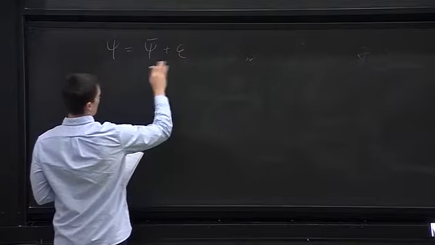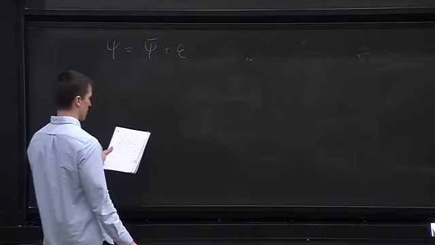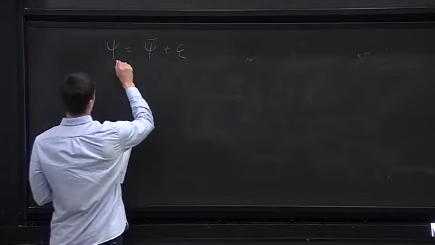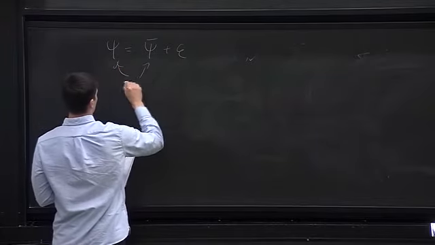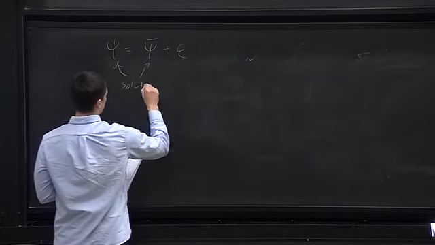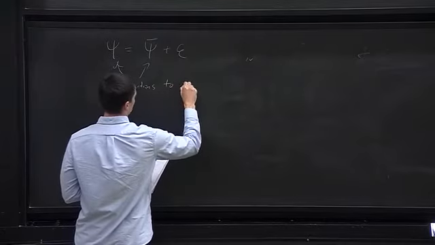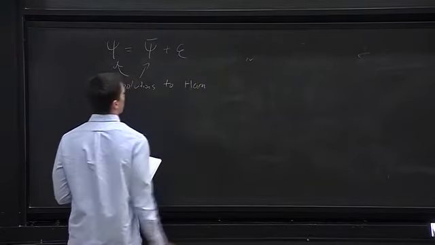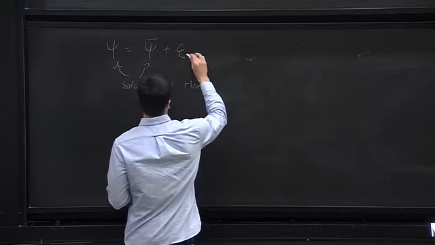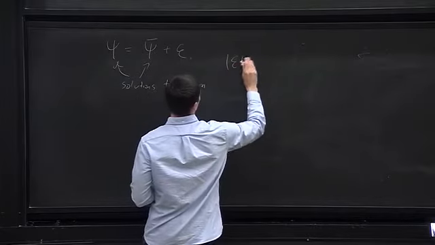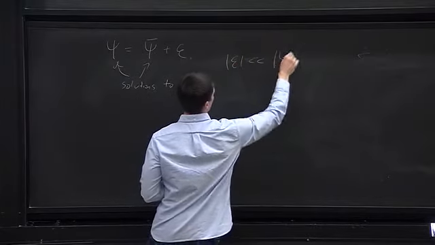So write it as psi bar plus some small quantity epsilon. So these are both solutions to the Hamiltonian constraint, and epsilon is small compared to psi bar.